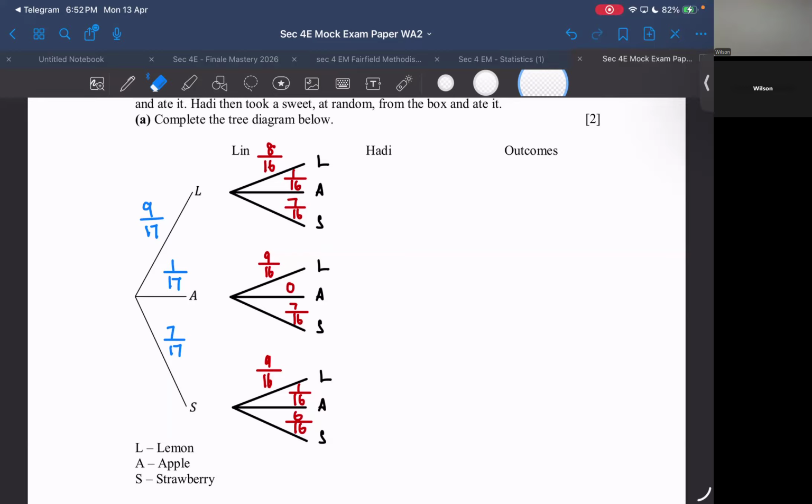So this one means he already ate, so he was choosing. Then there's 9 out of 17 already, so he ate one. Now what is left is this one. So Lin will be eating, Hardy will be eating this one. You get me? Okay, so Hardy can. Then Hardy is on the Lin is fun, right? So apple means lemon apple, apple, orange apple.